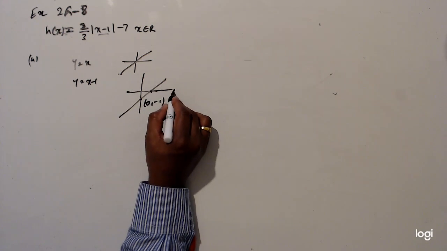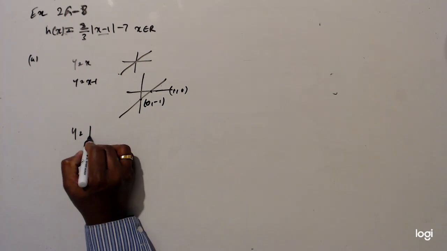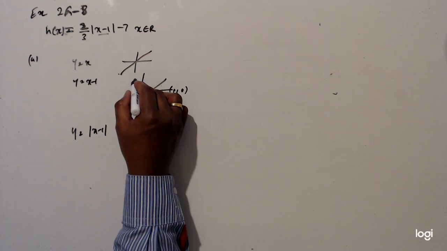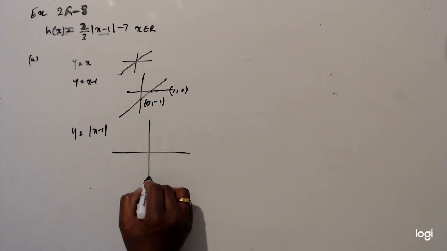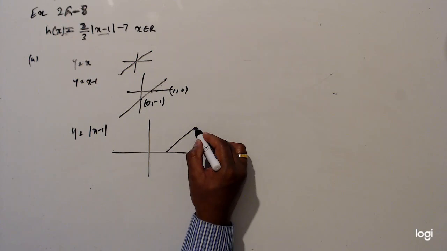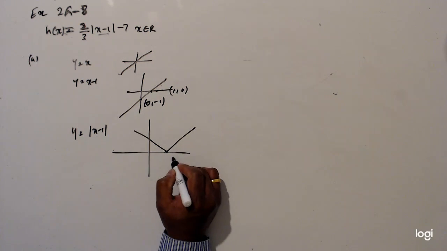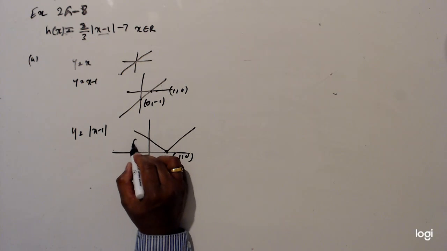This is (1, 0), and then y equal mod x minus 1. So then what will happen? This is (1, 0) and this is (0, 1).